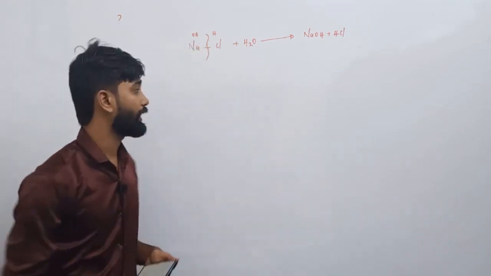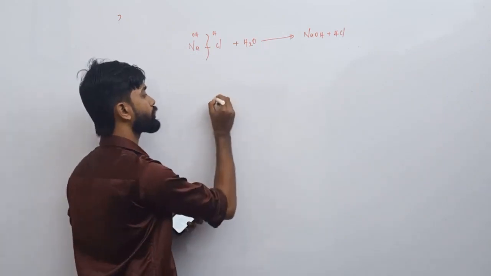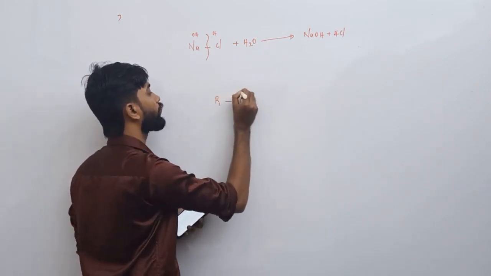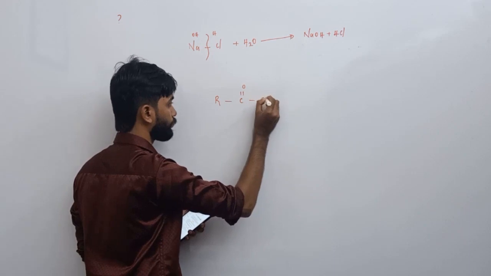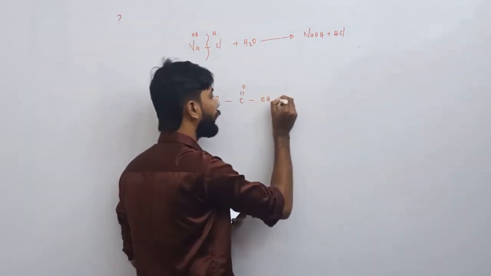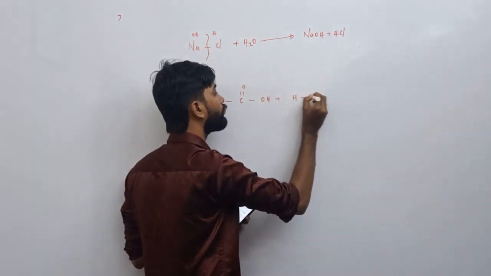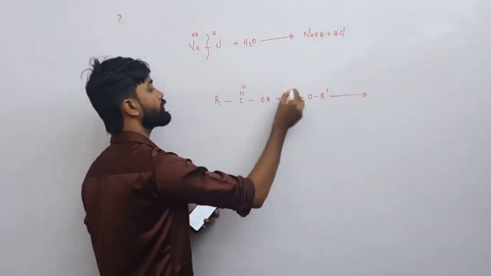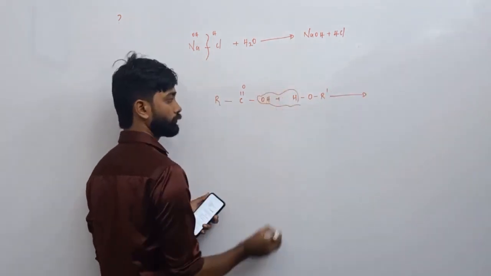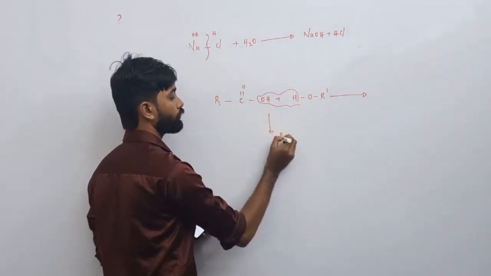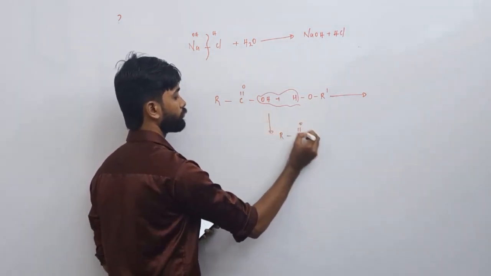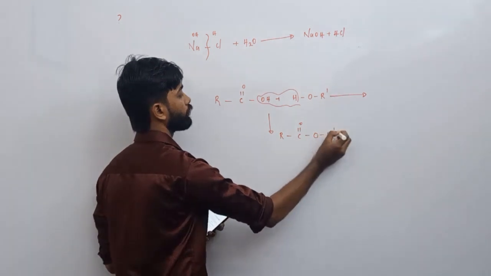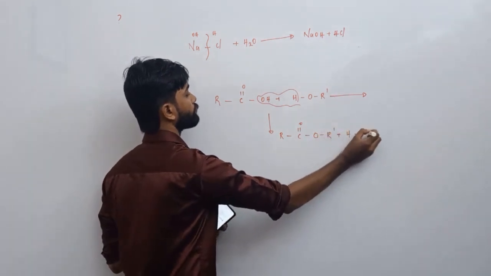The third one is esterification. What do you mean by esterification? You have a carboxylic acid here and an alcohol here, which condense like this to form an ester.